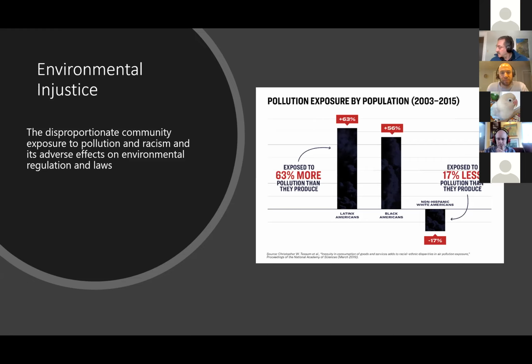African Americans, Black Americans are 56% more likely to be exposed, not more likely, more exposed. While you see non-Hispanic white Americans are exposed 17% less to pollution than they produce. And so you see the disproportionality in the exposure.